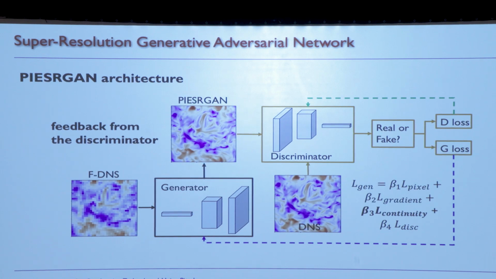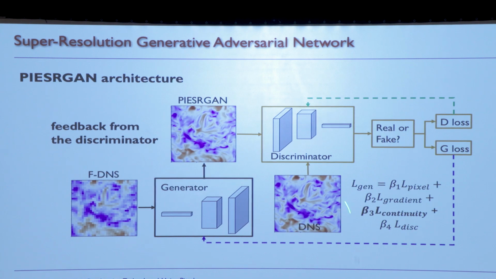We have a loss, so in training networks, you always define a loss function. You try to drive the loss function to 0, which would be no error. And that's the training process. So here we use pixel loss. In the training, we compare the fake image with the true image, pixel by pixel, and it gives us an error. We also evaluate gradients, which gives us another error. And we evaluate continuity on this.